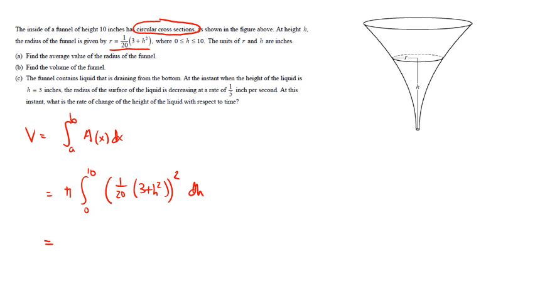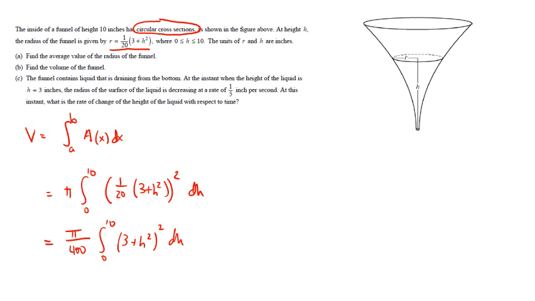Okay, so just do some cleanup here. This is going to be pi over 1 over 20 squared is 400, integral from 0 to 10 of 3 plus h squared dh. Now remember, this is by hand, so you have to think about how can I integrate this?